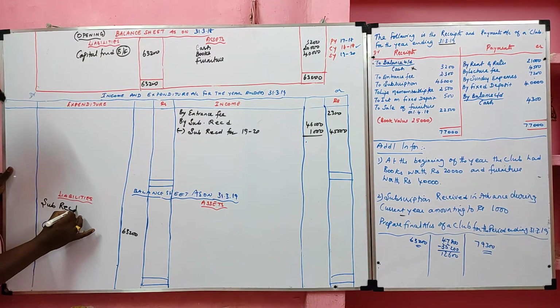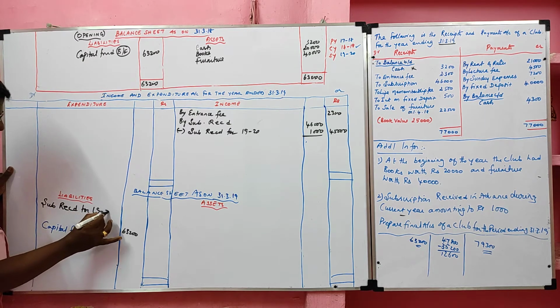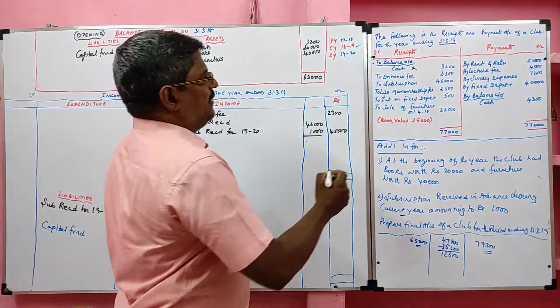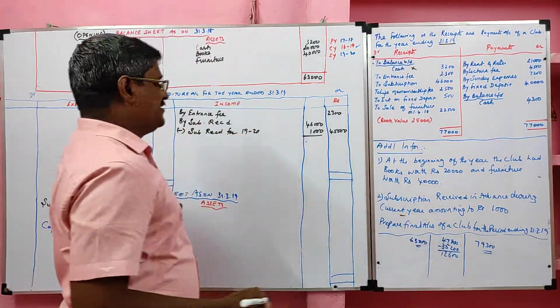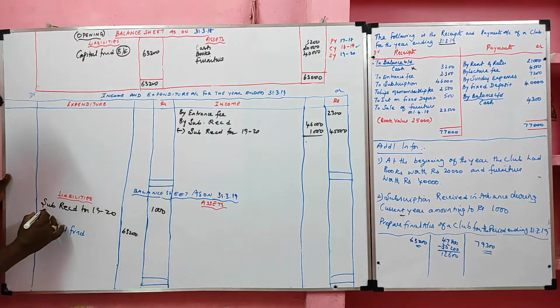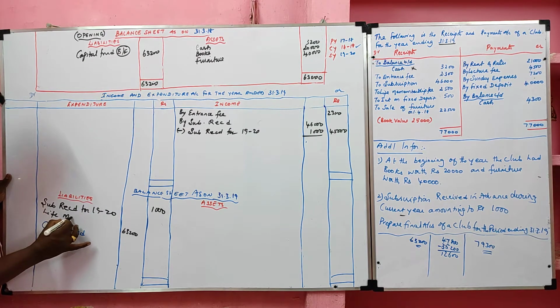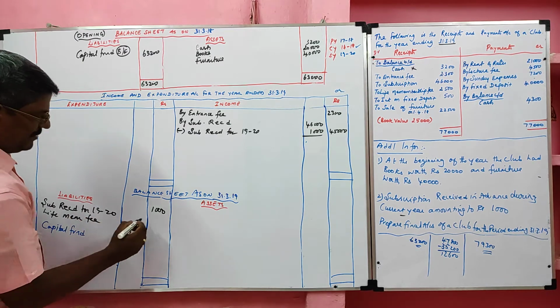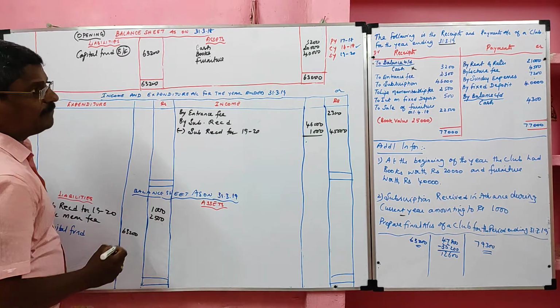Then life membership fees is a capital receipt, it will go to the liability side, 2,500.